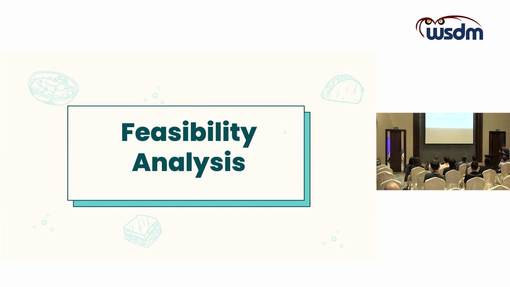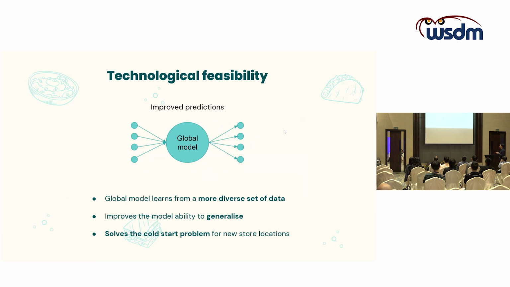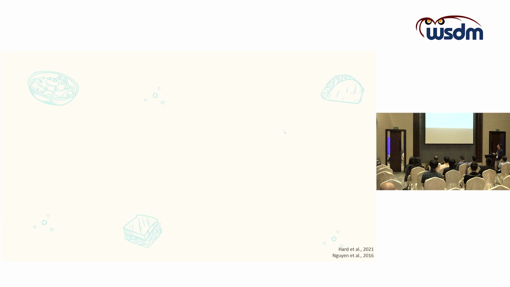Moving on to the feasibility analysis, we break it down into two main aspects: technological feasibility and business adoption feasibility. Starting with technological feasibility, because federated learning is able to train on a more diverse set of data and has a better ability to generalize, it has a reduced risk of overfitting to a specific set of data, and it also solves the cold start problem for a new store location.